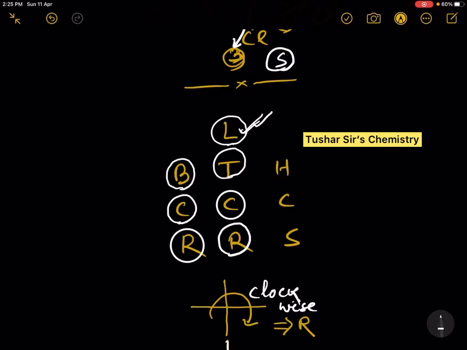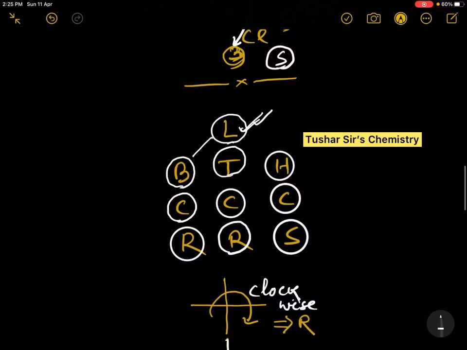If the atomic group having lowest priority is in the horizontal line, and the rotation of priority groups is in clockwise direction, then it should have S configuration. Here we can apply these tricks without rotating the groups around the chiral carbon.